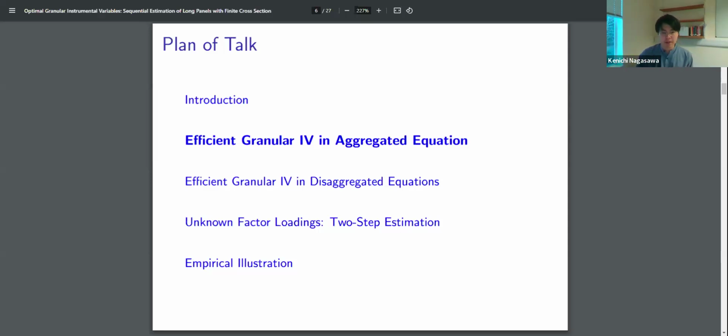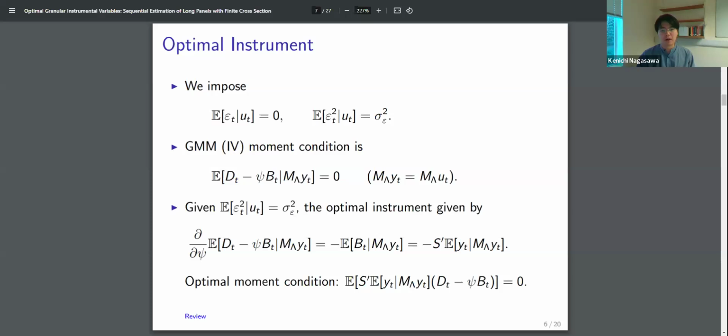Now I'm going to talk about the construction of efficient granular IV in the aggregated equation. I already talked about the example where I wanted to estimate the effect of capital inflow on domestic output, and we already talked about this assumption here, which is that u_t really is an idiosyncratic shock.